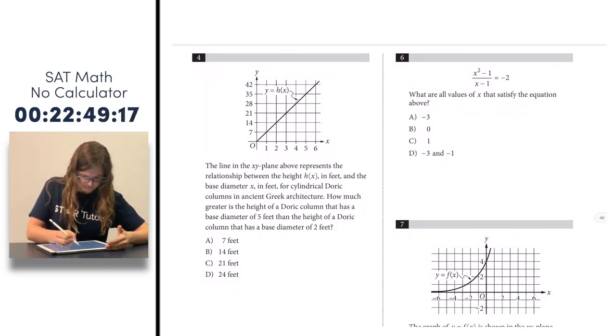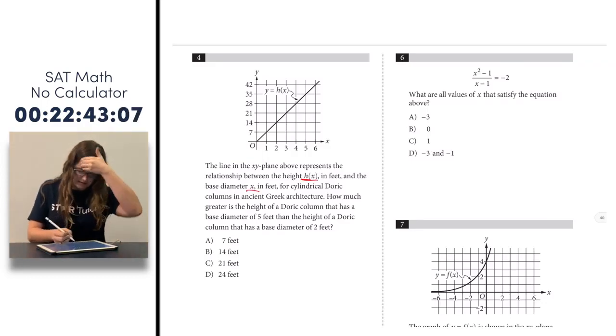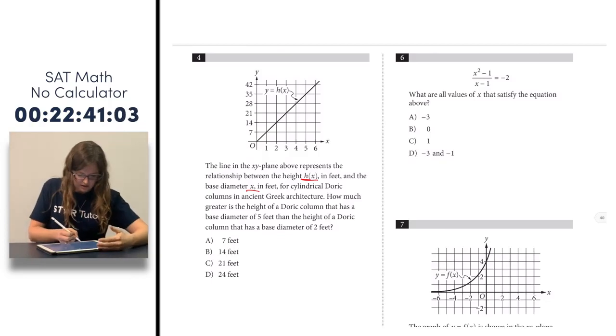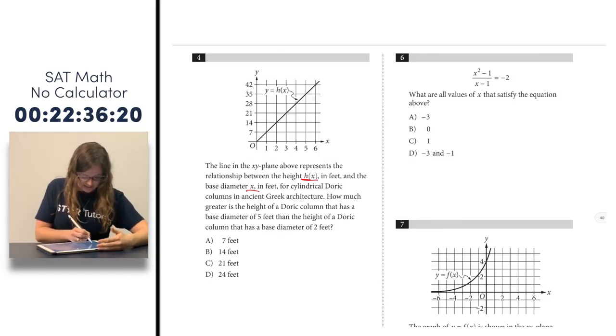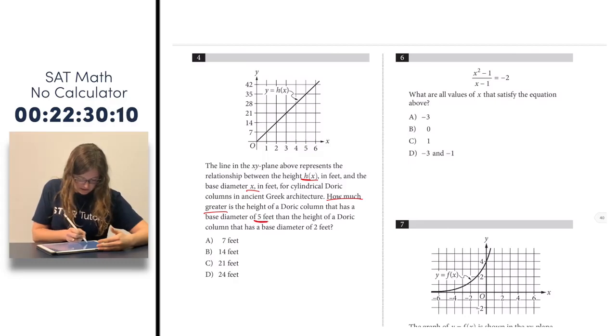Number 4, the line in the xy-plane above represents a relationship between the height in feet and the base diameter x in feet for cylindrical Doric columns. How much greater is the height of a Doric column that has a base diameter of 5 than the height of a Doric column of base diameter 2?